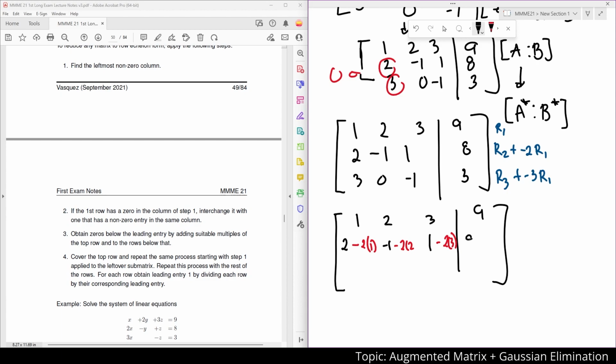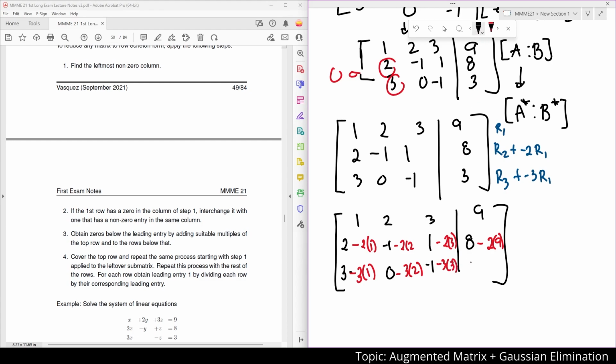We would have 8 minus 2 times 9. Do the same thing with our third row. 3 minus 3 times 1. We have 0 minus 3 times 2. Then we have negative 1 minus 3 times 3.